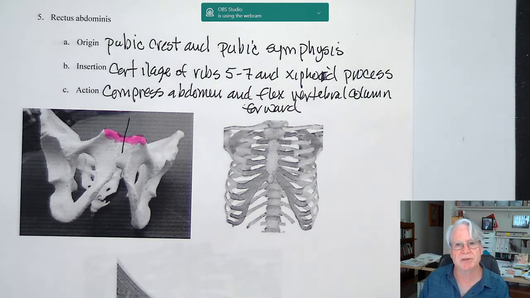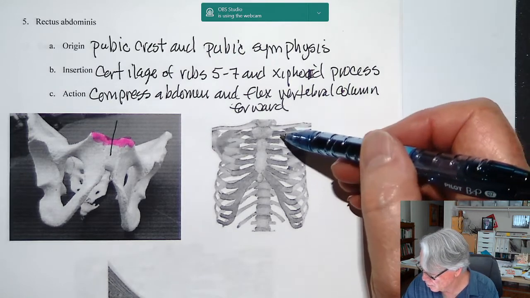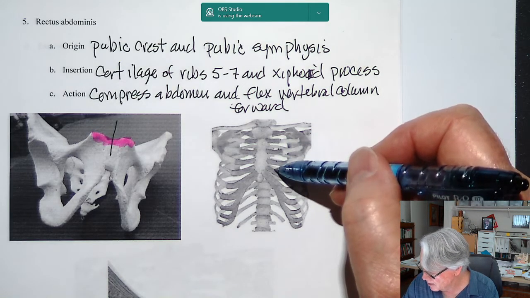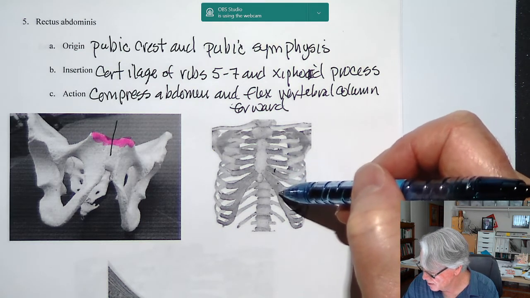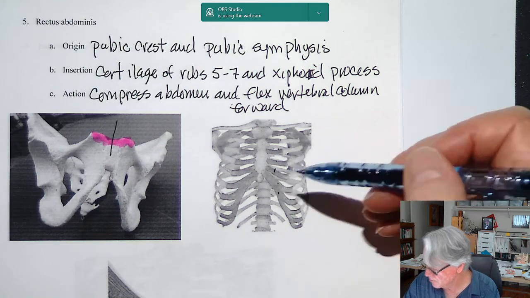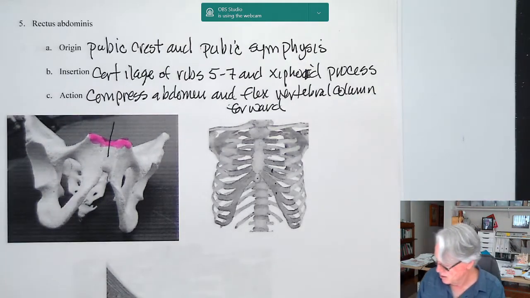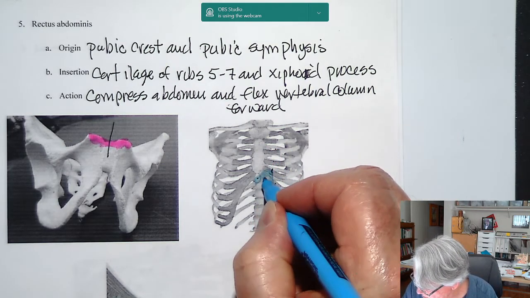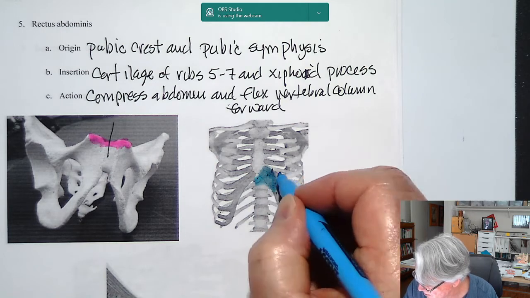Let's count our ribs: 1, 2, 3, 4, 5 here, 6, and 7. And then the xiphoid process. So it's going to be this pattern like this, and I'm only going to draw one side on this.